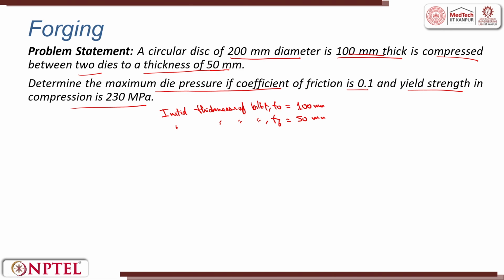They say determine the die pressure if the coefficient of friction is 0.1. So mu, the coefficient of friction, is 0.1, and the yield strength in compression is 230 megapascal. I will put it as YS, yield strength, or sigma naught, as 230 megapascal.